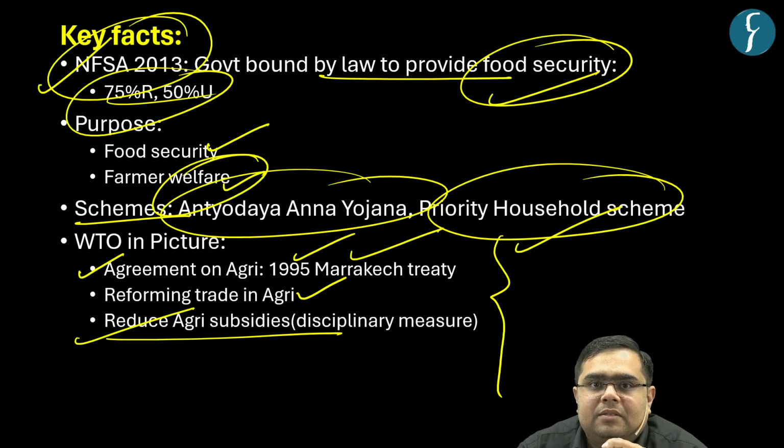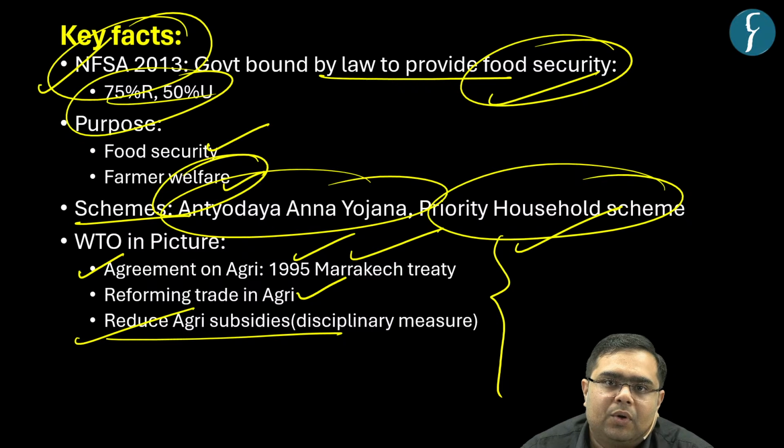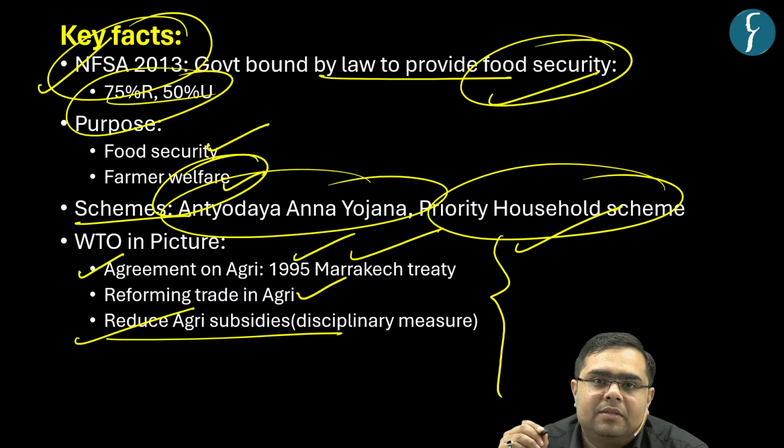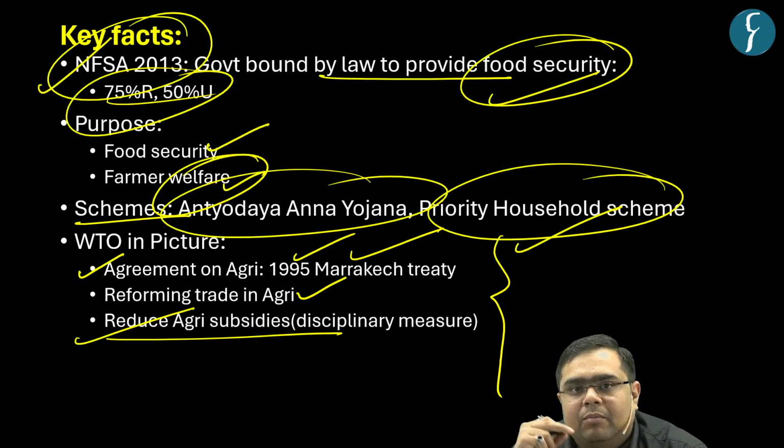Now, since the input is heavily subsidized in the form of the minimum support price mechanism provided by India, other countries in the world come to WTO and argue that India is giving subsidy to its farmers first at the instance of cropping, but let it go, because it would fall under either blue box subsidy or green box subsidy.